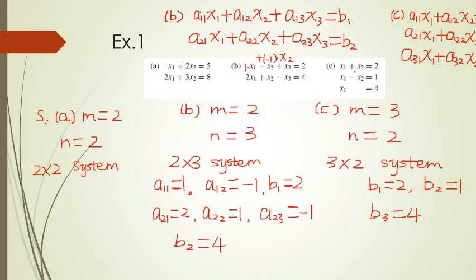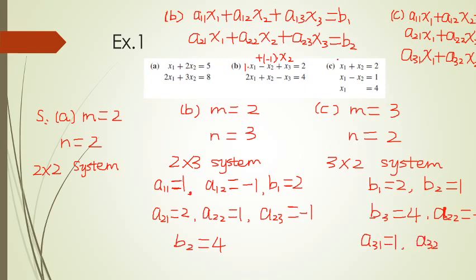A11 is 1. A12, 1. A21, 1. How about A22? A22 is minus 1, right? How about A31? A31 is 1.